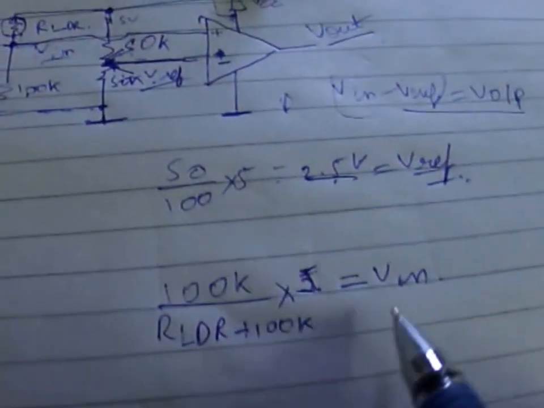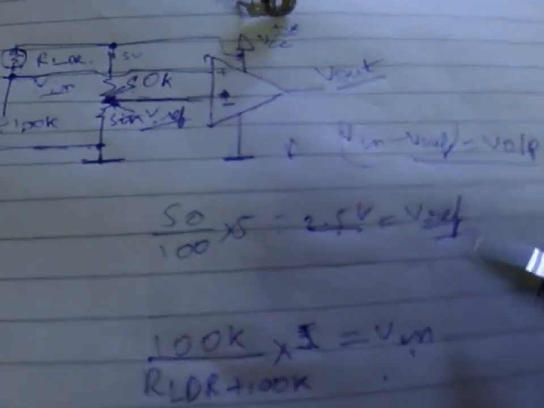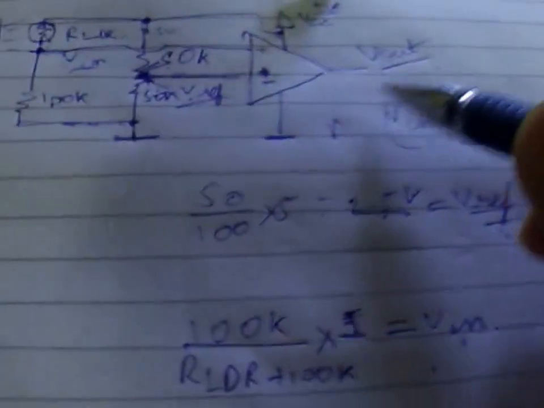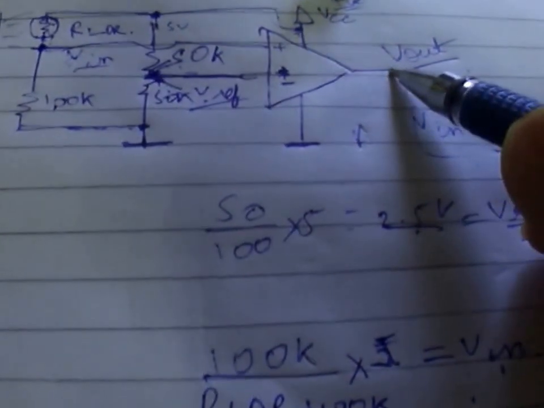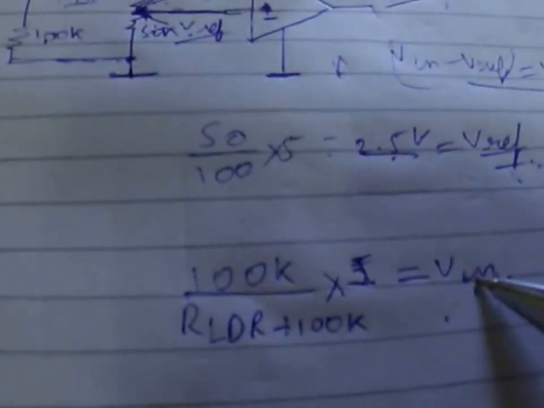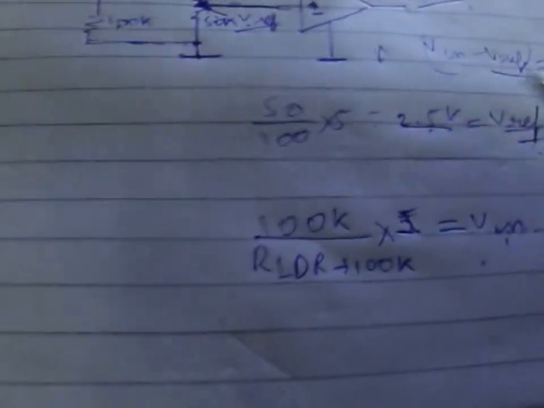If V in is greater than V ref, we get a V output that is nearly 5 volt or the high logic. If this V in is less than V ref, then we get a low logic or 0.